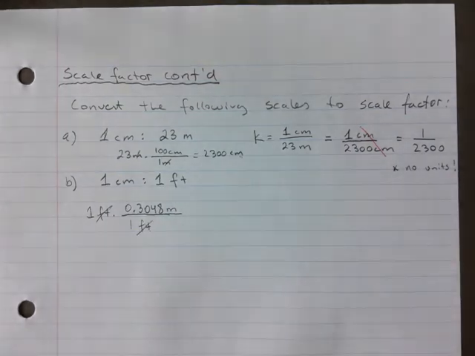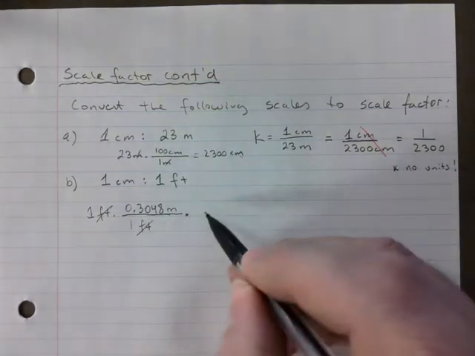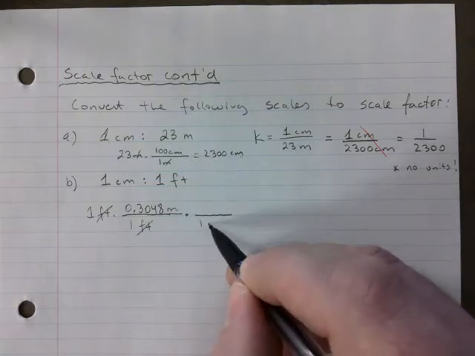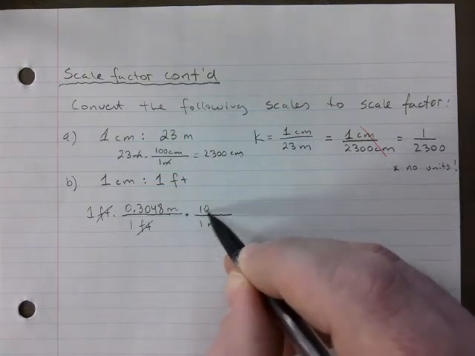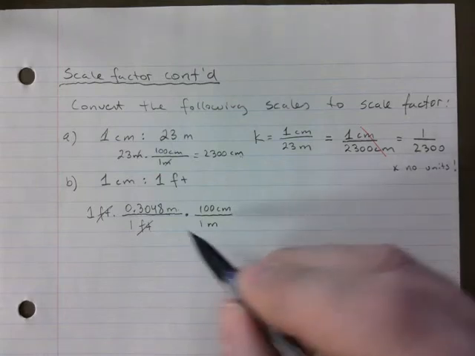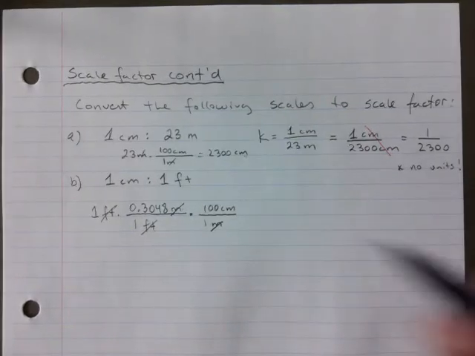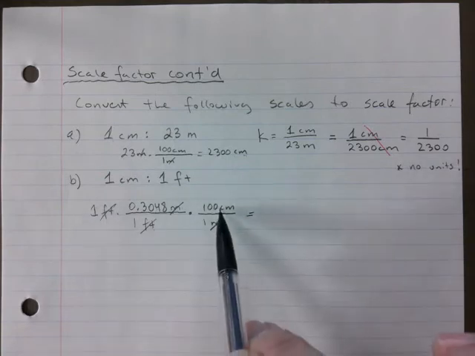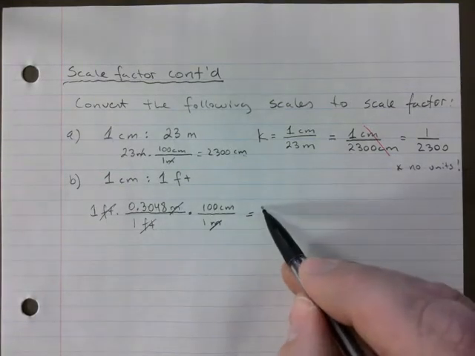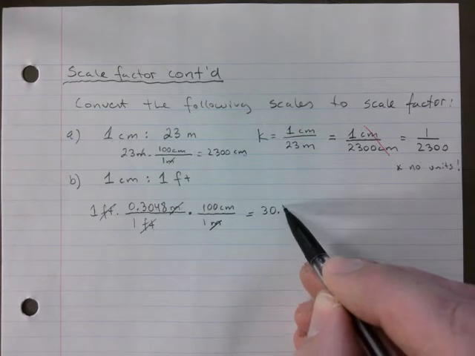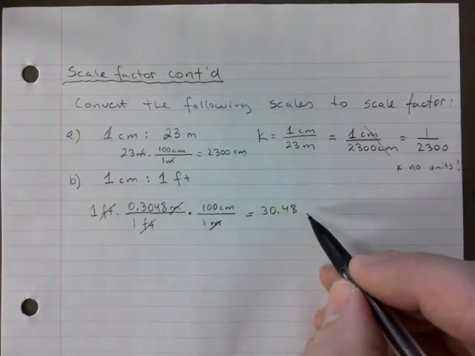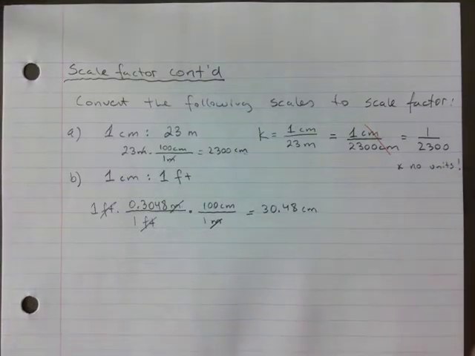Okay. Feet cancel. I want it to centimeters. So since the meters are up here, I'm going to make sure the 1 meter is there. 100 centimeters go there. Cancel, cancel. So right now it's just 1 times this times that, which is 30.48 centimeters. What have I just done?